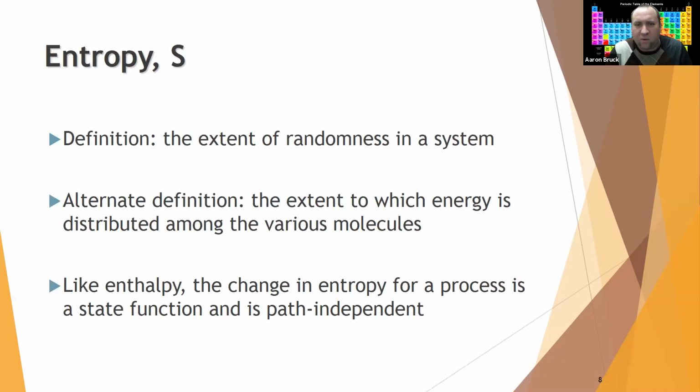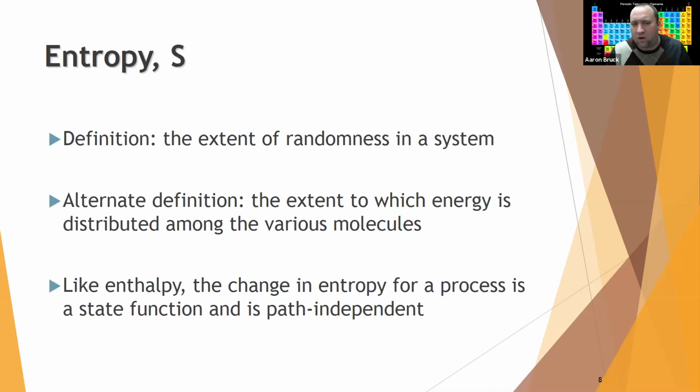But what we really mean with randomness from a chemical and physical standpoint is not uncertainty or unplanned, but rather disorganized. And the more disorganized a system is, the more ways we can distribute energy to that system and have that energy be distributed out in varying different ways.